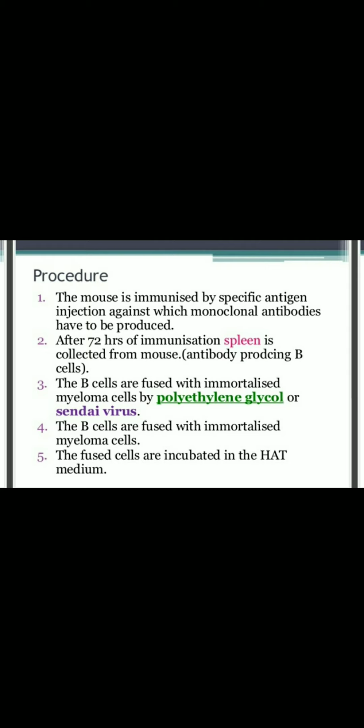Now these B cells are fused with immortalized myeloma cells by PEG or Sendai virus. So here we are fusing the B cell with the myeloma cell using PEG. Then the fused cells are incubated in the HAT medium.